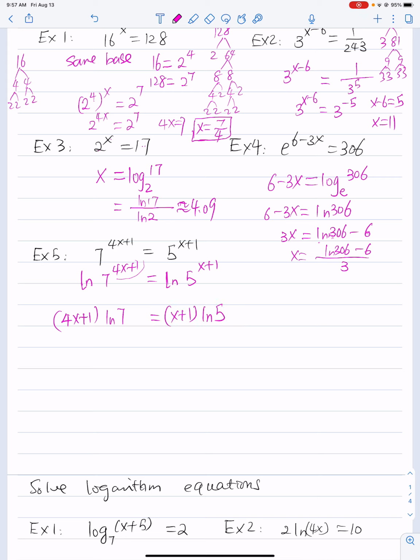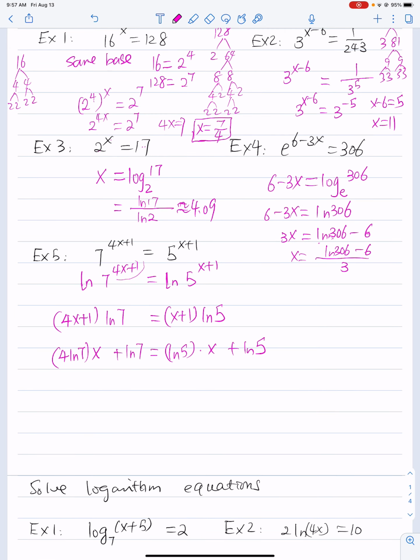Then we distribute: 4 ln 7 times x plus ln 7 equals ln 5 times x plus ln 5. Do not be frightened about these numbers, they are just numbers.